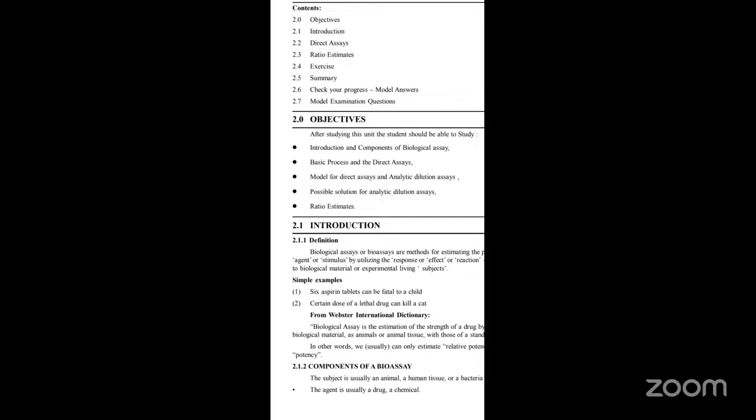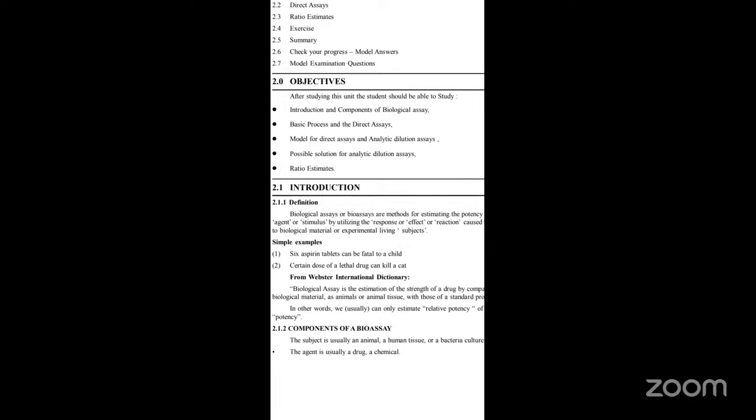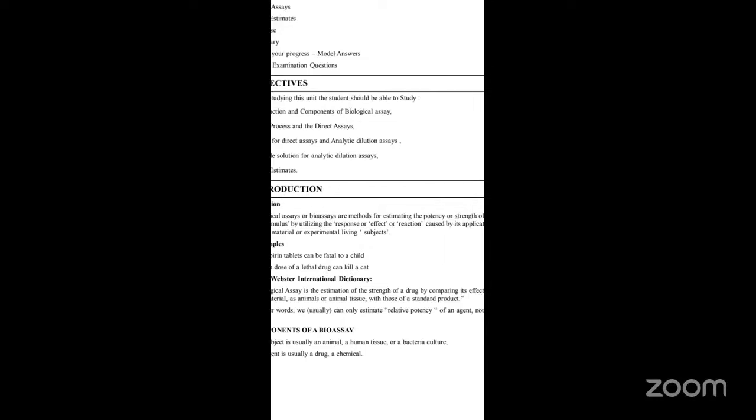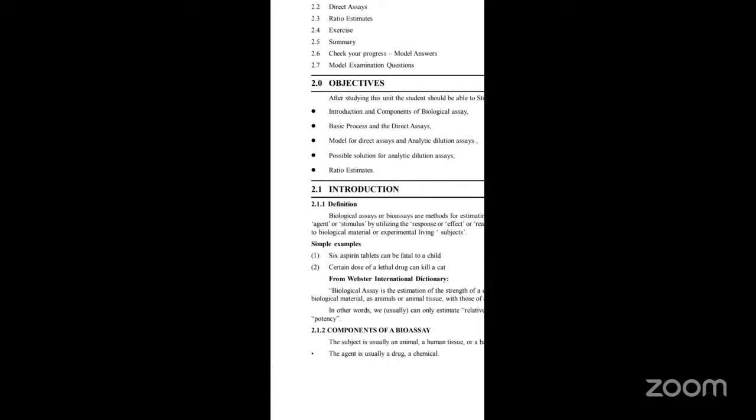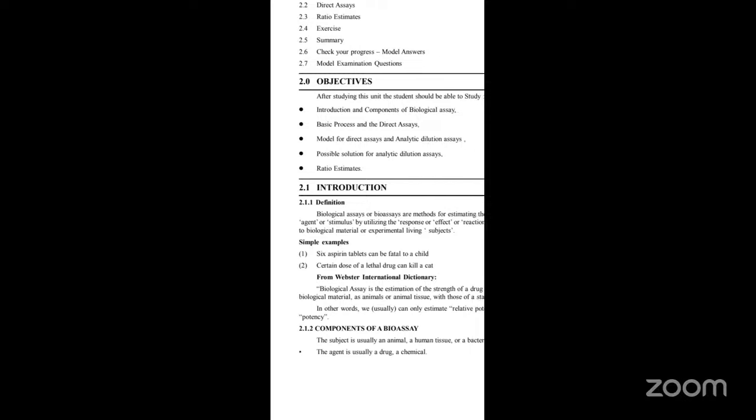From Webster's International Dictionary, we can say biological assay is the estimation of the strength of a drug by comparing its effect on biological material, an animal or animal tissue, with those of a standard product.